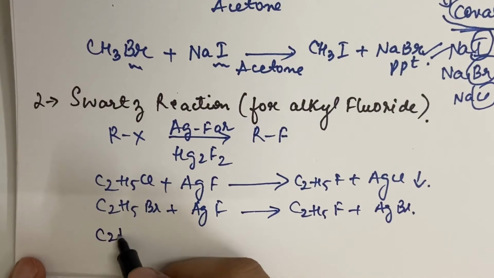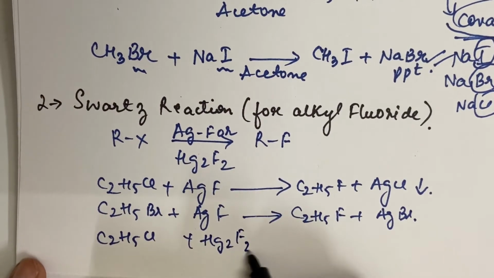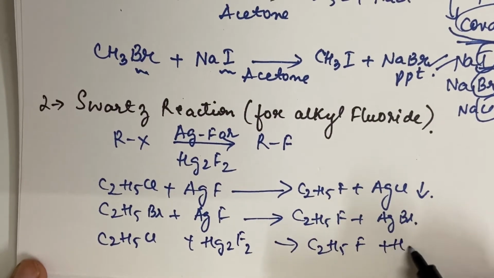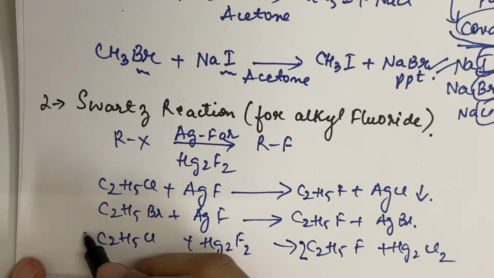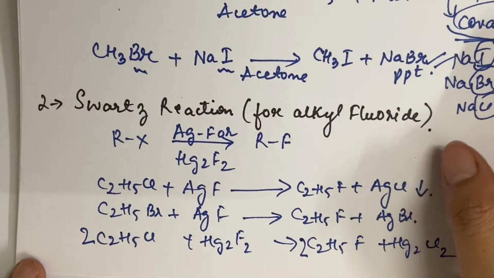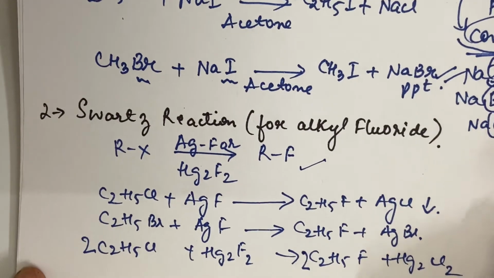If you take C2H5Cl with Hg2F2, the product will be C2H5F and Hg2Cl2. This reaction is not balanced. You can balance it by putting 2 in front of here and 2 in front of here. So this type of reaction is called Schwarz reaction, which is only used for the preparation of alkyl fluoride.